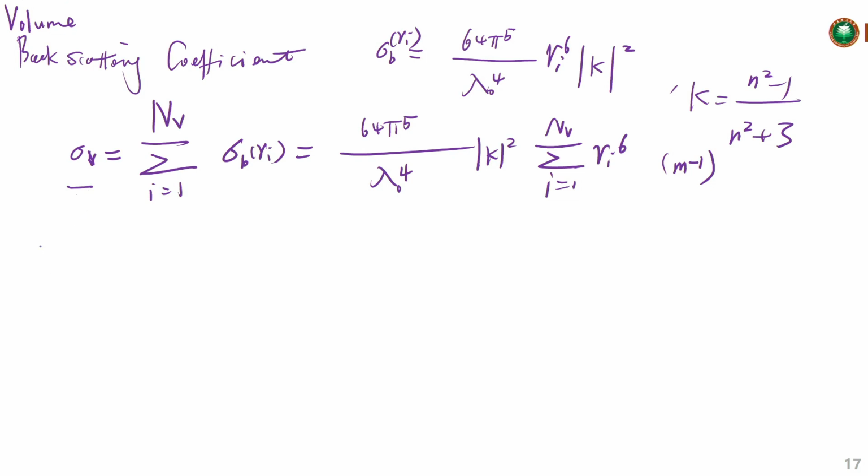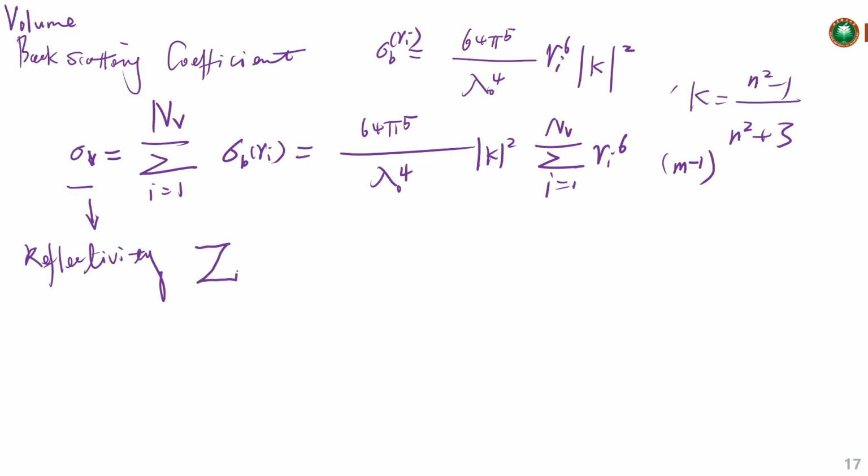We are more concentrated on the reflectivity. So if I get the cross section, how do I transfer it to the reflectivity?